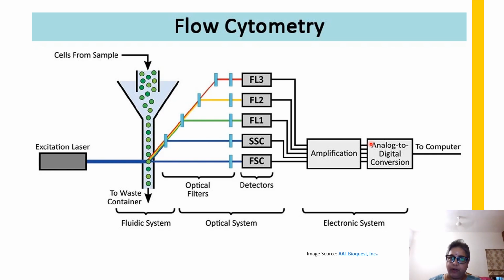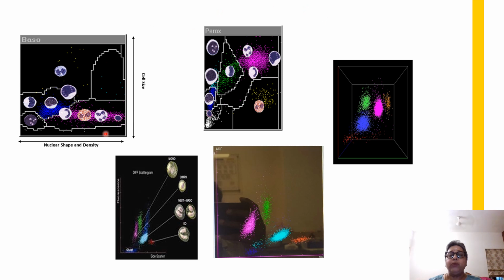If we use different fluorochromes, like some manufacturers do, then it will emit a particular wavelength of light, and that will be detected by specific detectors, and these detectors will in turn amplify and convert it into a digital picture or a scatter plot that you can see on the screen, and hence the cells can be identified. So this is how you get your various scatter plots from various cell counters that we are using in our lab.